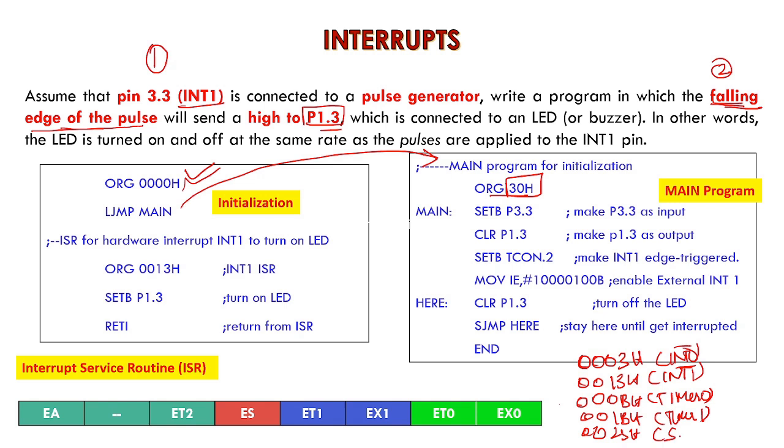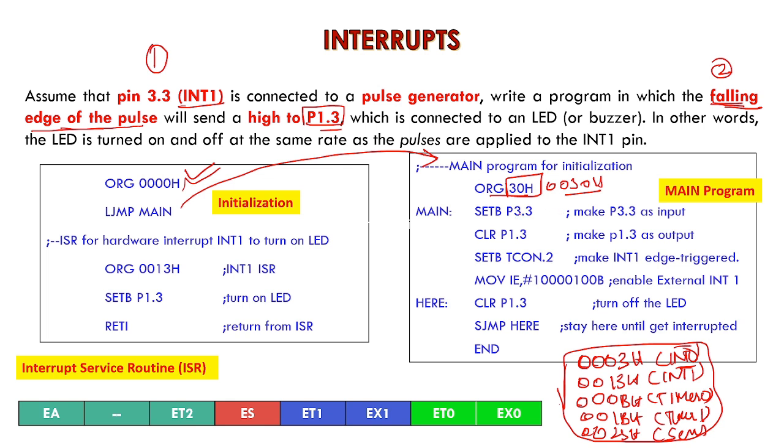This is for the serial communication interrupt. These addresses are already reserved in the 8051 microcontroller. That's why we are not using those addresses. We are starting from 30H, this is 0030H. I hope you understood, right? The next instruction you can see is SETB P3.3.